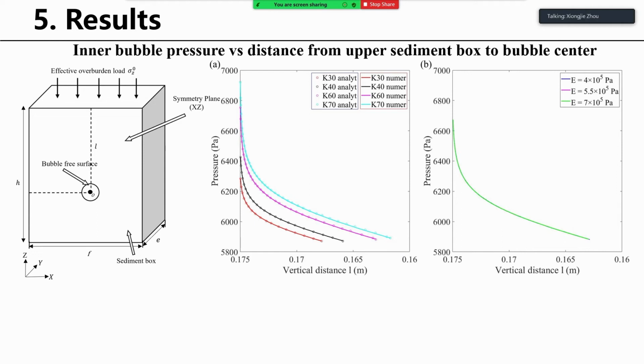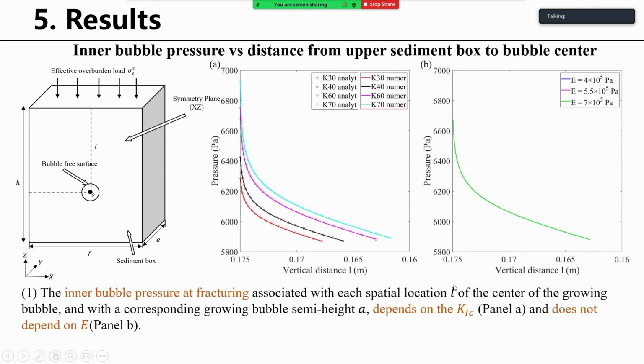This is the dependence of inner bubble pressure on the vertical distance L, from the bubble center to the sediment box top, during bubble growth. The left picture, panel A, is for K1C, and the right picture is for E. The bubble pressure decreases as the bubble grows upwards, which depends on K1C, as we can see from panel A, and doesn't depend on E, from the right picture.